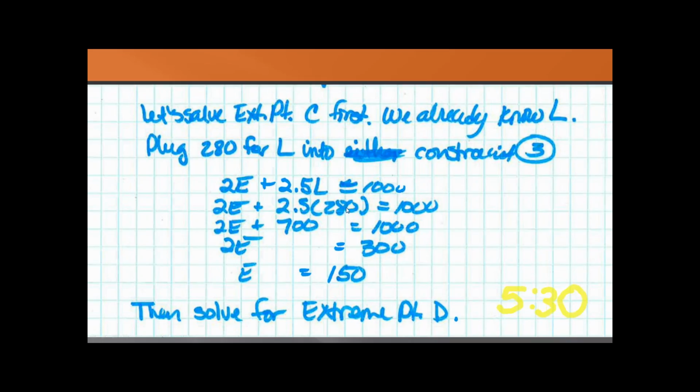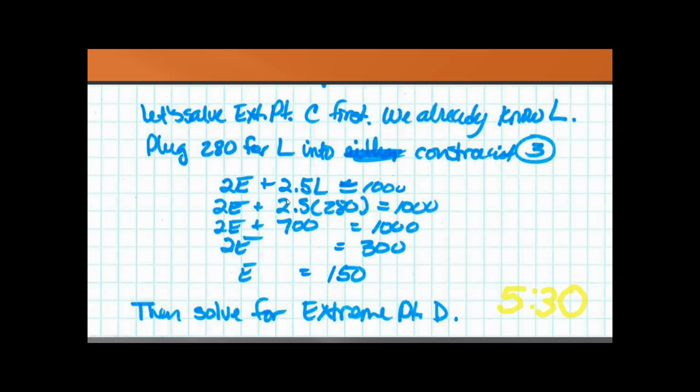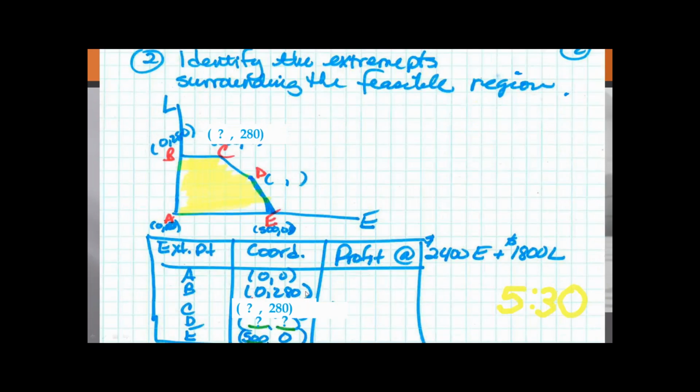And L is 280. We know that because anything on this constraint here is 280. So plug in 280 and do this math and solve for E, and we get E equals 150. Okay, so that was pretty easy. C is 150 and 280.